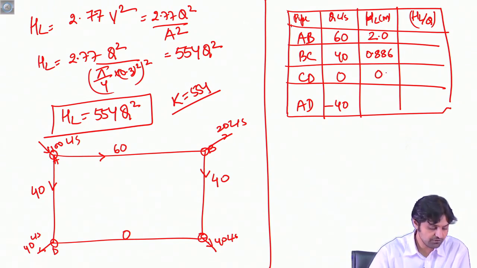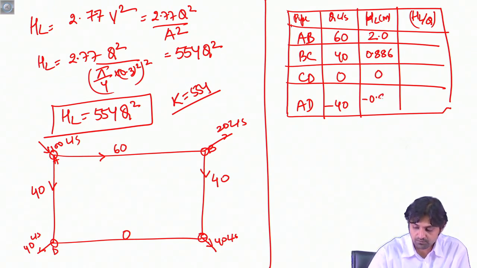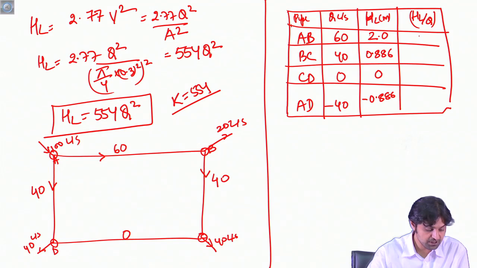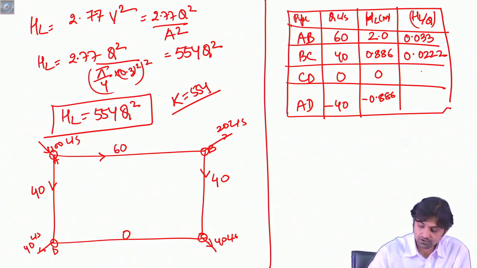Since this is 0, this will be 0, and this comes minus 0.886. We also calculate HL by Q, in meters per liter per second: 2 by 60, 0.033, this will come 0.0222, this will come 0, and this will come 0.0222, same, all right.